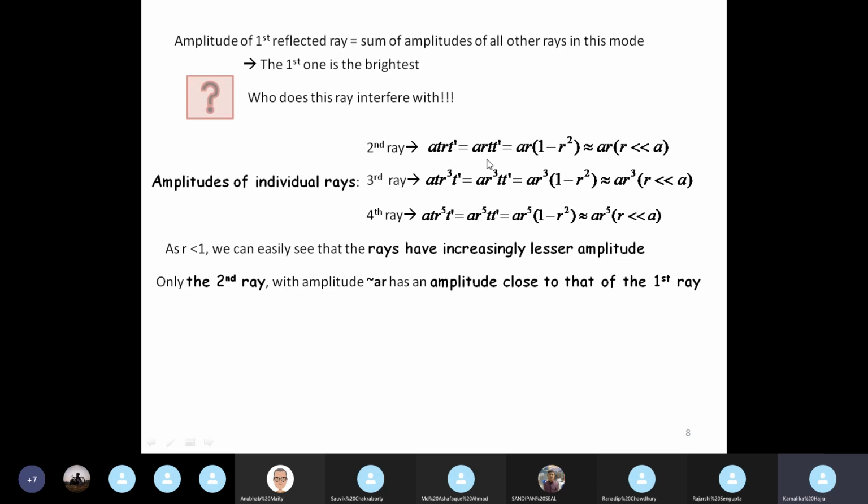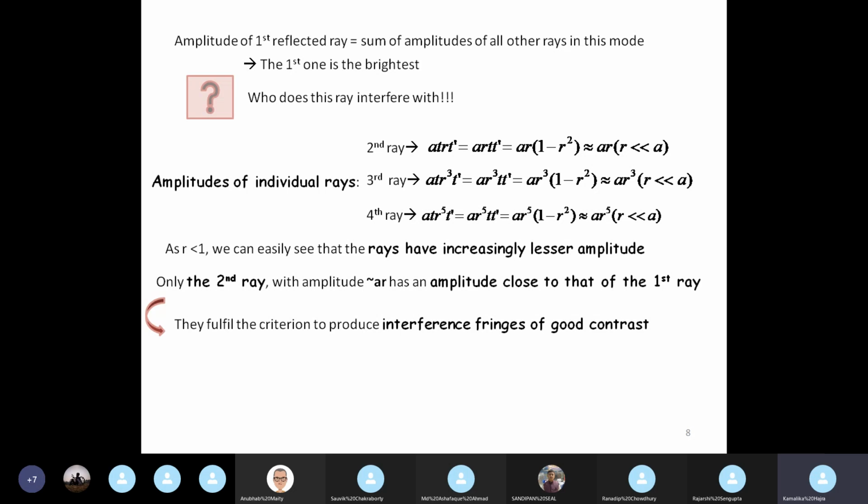Only the second ray, by approximation, can be considered to have an amplitude which is close to that of the first ray. Okay, the second ray has an amplitude which is close to that of the first ray, so they will fulfill the criterion to produce interference fringes of good contrast.